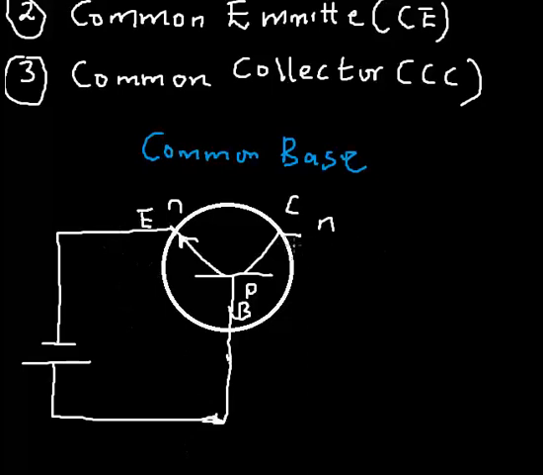Now I also take this out. This one is reverse biased: the negative is connected to the negative and the positive to the positive. So this is a common base configuration of a transistor.